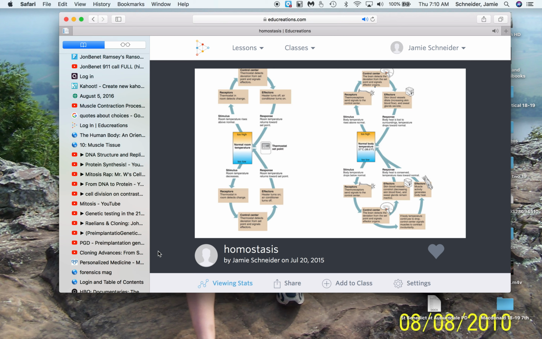Okay, first let's go ahead and look at the mechanical way that we can control temperature through a thermostat, which is our control center. I set that at a set point of my choosing, like let's say 76. If the temperature gets too high, the thermometer, which is the receptor, is going to send a message to the effector, and that's going to lower the temperature by turning on the air conditioner.